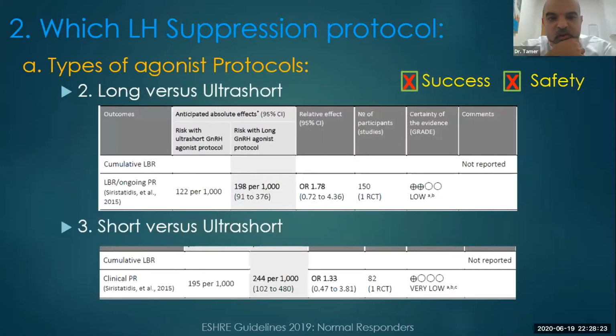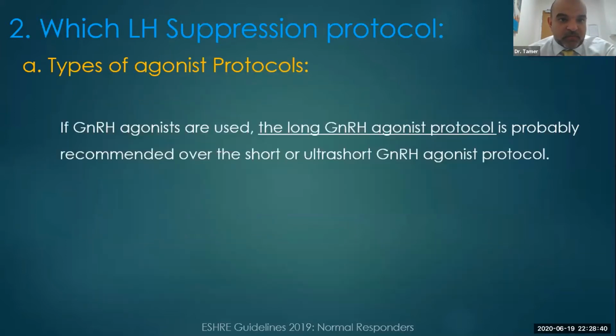If you compare the long agonist versus ultra short protocol, it just didn't show much difference in live birth rate or ongoing pregnancy rate. Again, comparing the short versus the ultra short, the evidence does not suggest that any of them is superior to another. But the conclusion and the recommendation was clear. If you are using a GnRH agonist, use the long agonist protocol. Probably it will be recommended over any other agonist protocol.